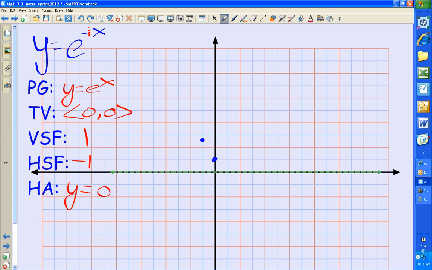Left 1 in the parent graph, what do we normally go up in the parent graph? 1 over e. Left 1 is going to become right 1 up 1 over e. And 1 over e is about 1/3. So our graph is going to come down and technically become a decay graph.